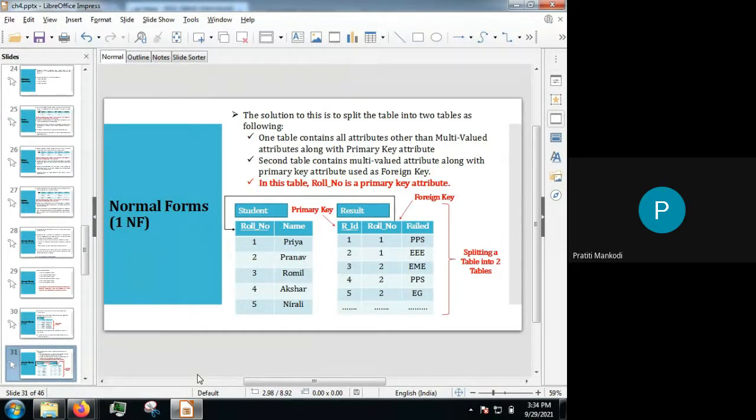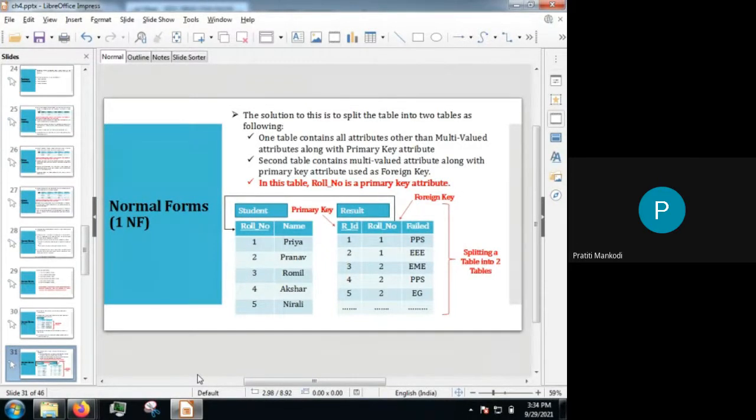Now, if I don't add it, what will happen? If I tell you, give me the subject of roll number 1, I am not able to find out the value uniquely because I have duplicate values. So I am introducing one more column here, RID or whatever name you give.